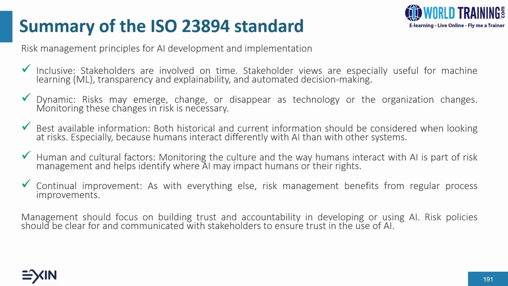It also helps you identify where your AI may impact humans or their rights. Continuous improvement: as with everything else, your risk management benefits from regular process improvements. Your management should focus on building trust and accountability in developing or using your AI systems.